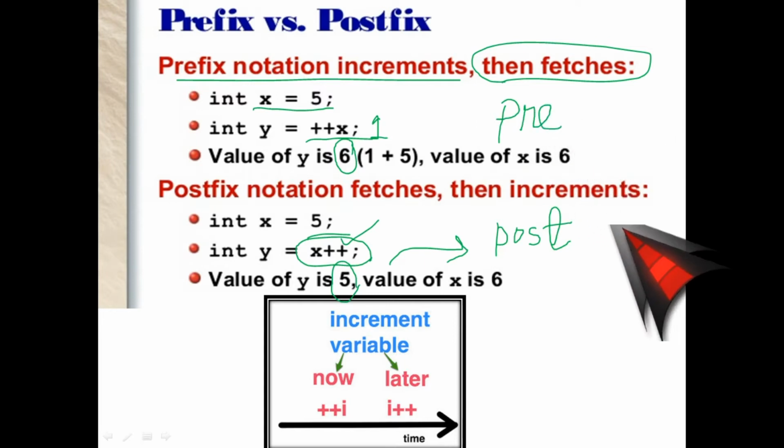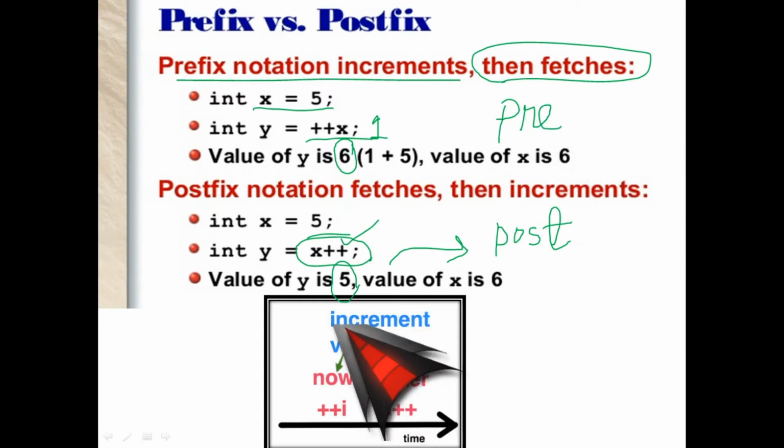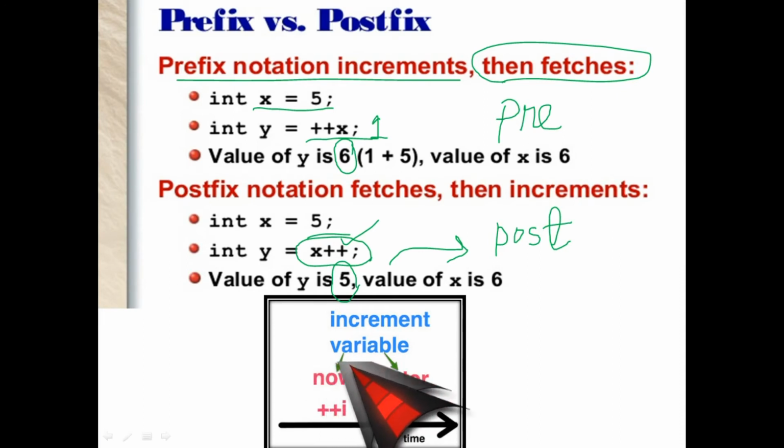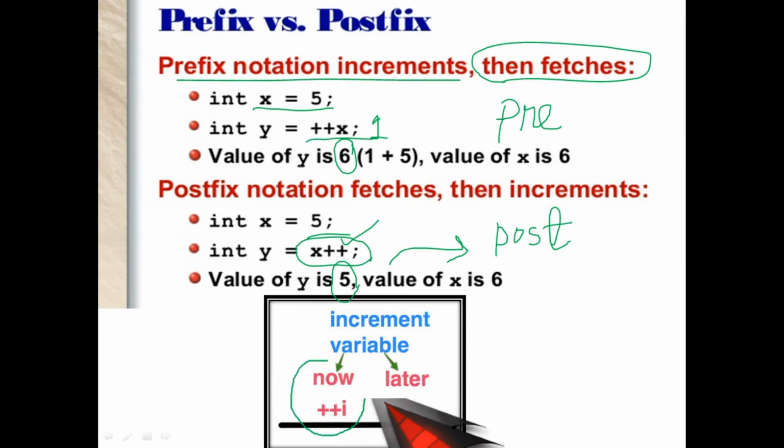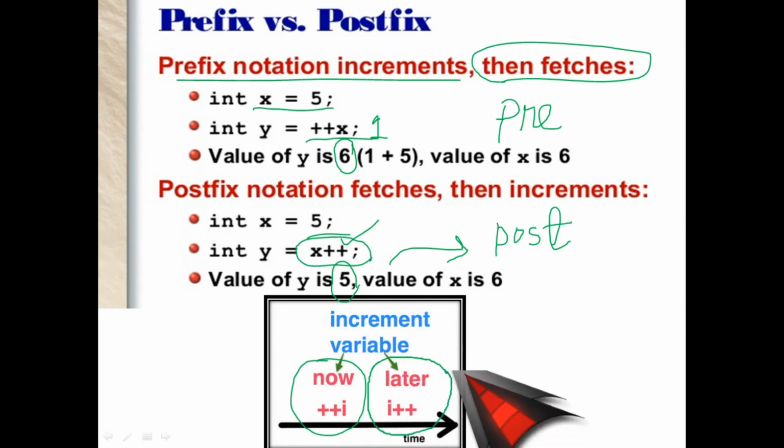So what we got to know is that for pre-increment, the prefix, the increment happens right now, and for post-increment, the increment happens in the later part, not right now.